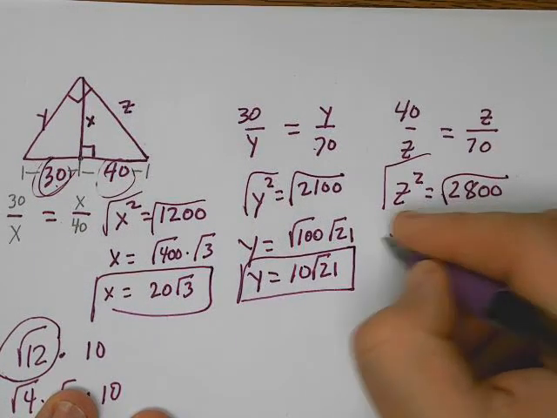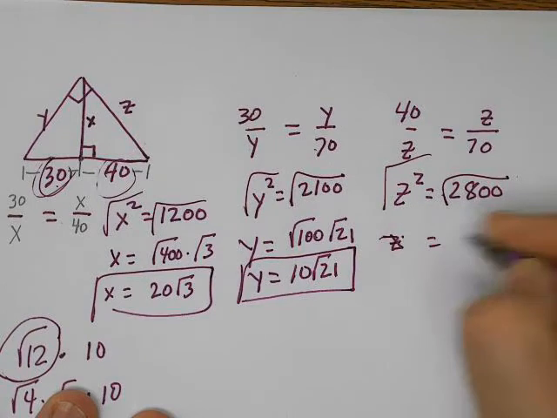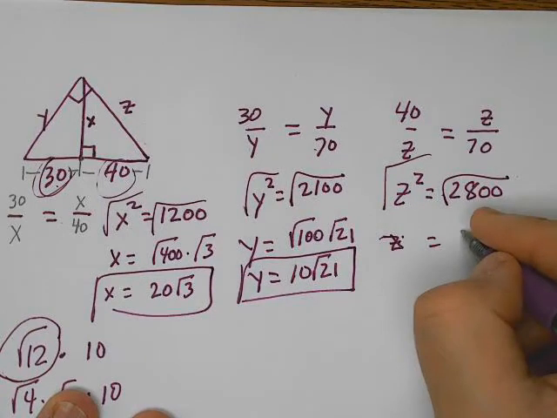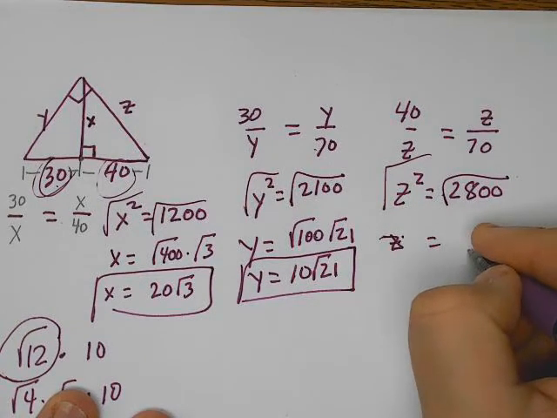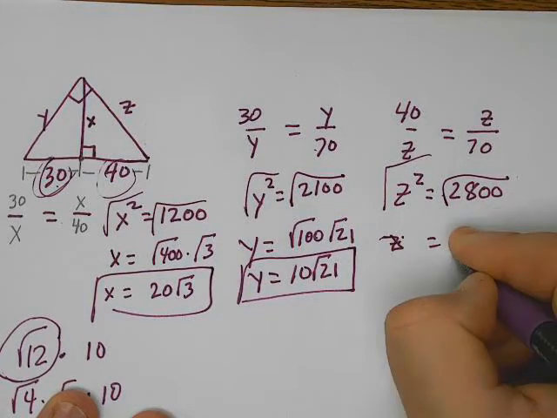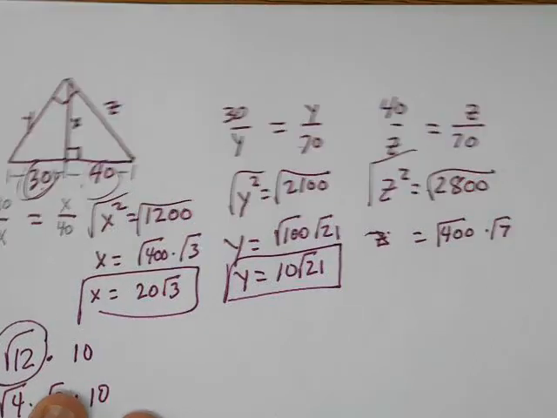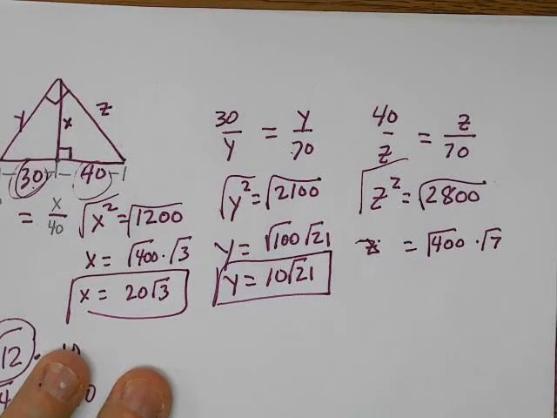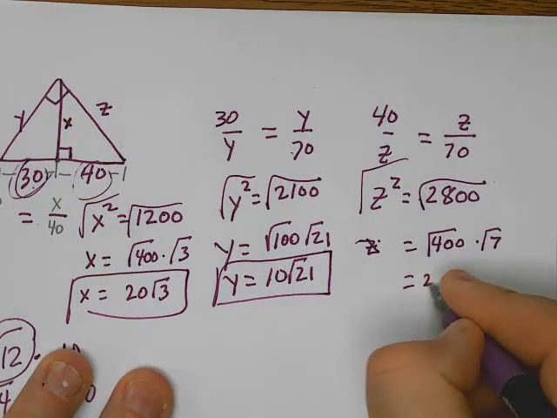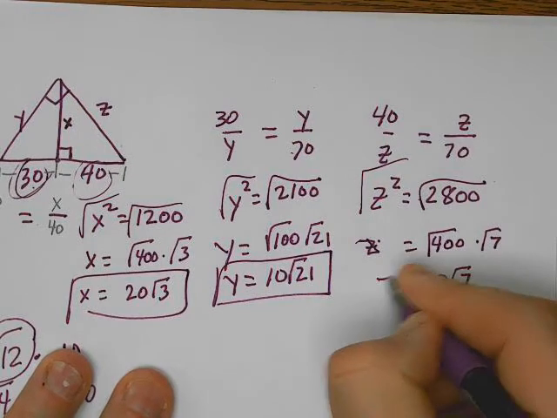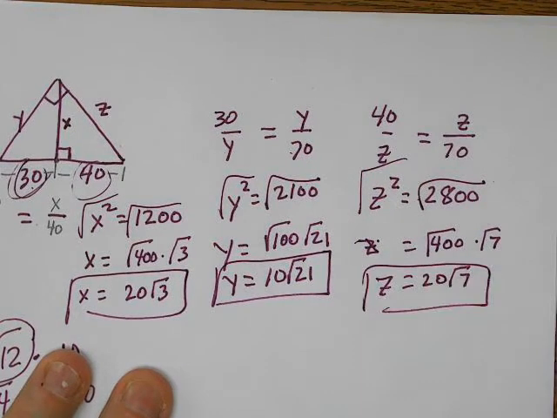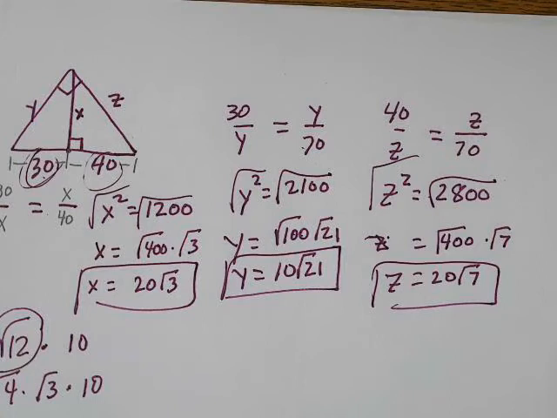Perfect squares that are a factor of 2800. 400 is a perfect square. Is it 20? And so Z is.